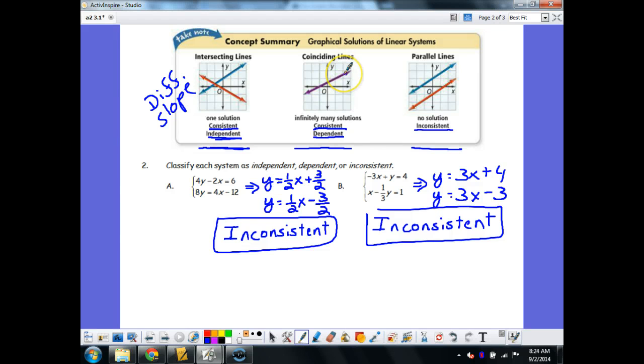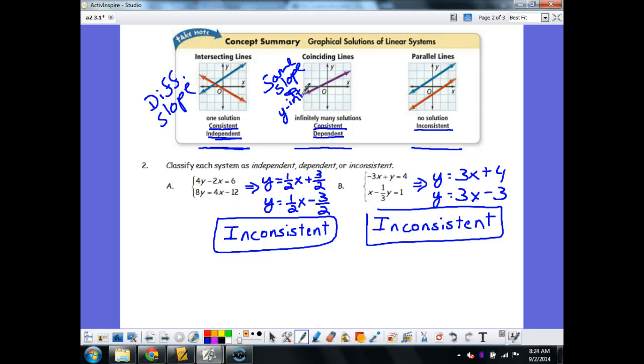Coinciding lines, a system of equations where the two equations define the exact same line, have the same slope and the same y-intercept, or same x and y-intercepts.